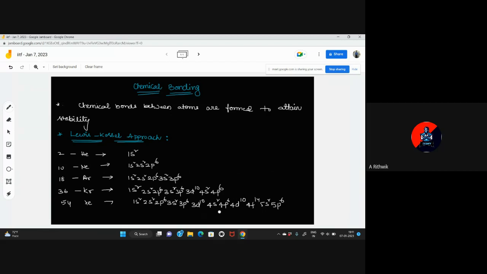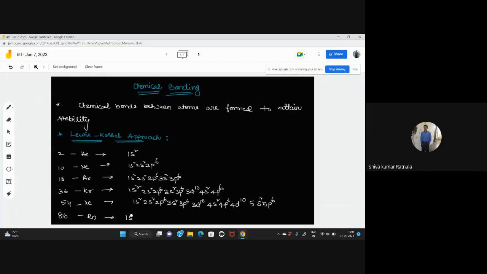Xenon, I think 4f14 will not come. It will become 5s2, 5p6.